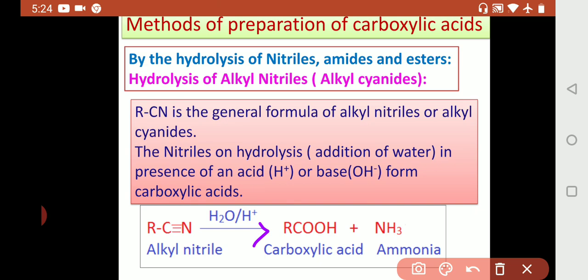In this alkyl nitrile or alkyl cyanide, if you observe, there is a triple bond between carbon and nitrogen in the cyanide group, and R stands for the alkyl group.